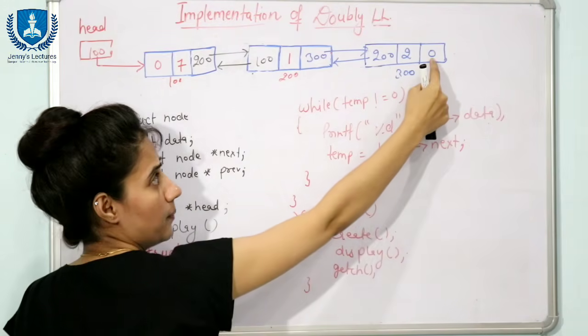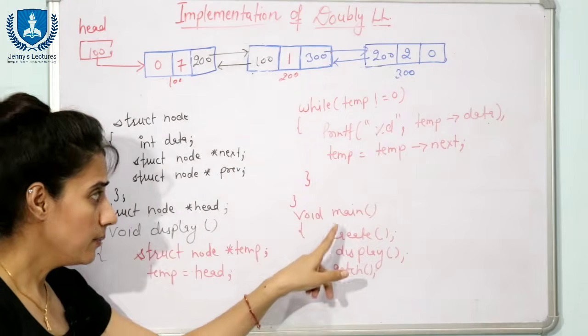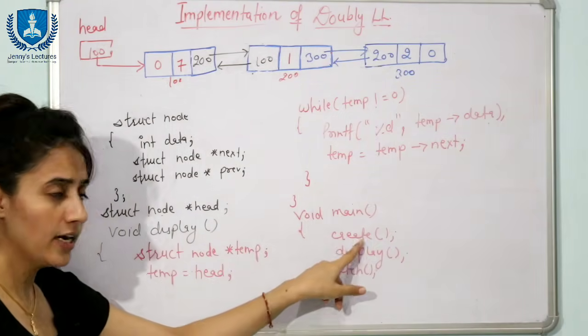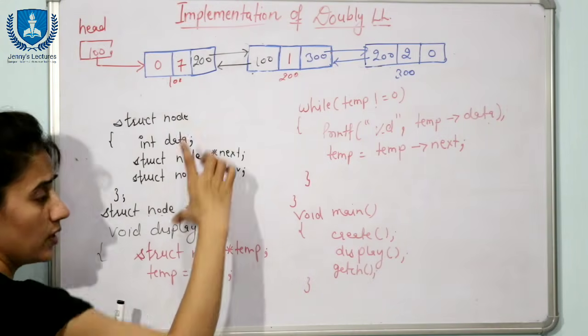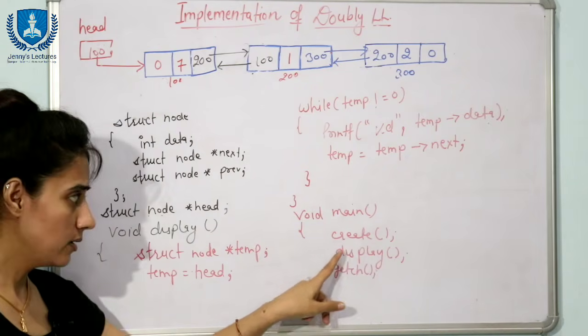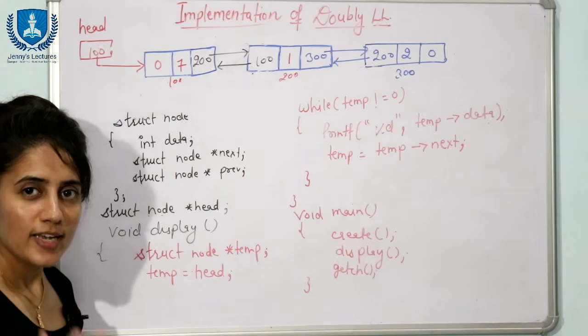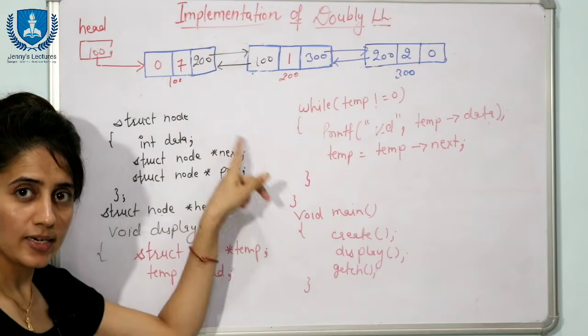It means when temp becomes 0, then you are going to stop, right? And in the main function you can call the create function and this display function also. And see, this thing we have declared globally, outside of the main function and outside of both the create and display functions.